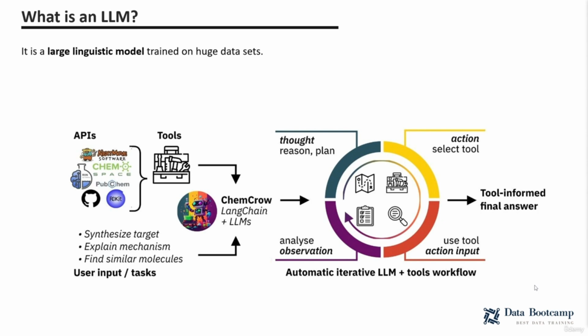If a user asks how to synthesize a particular molecule, explain a specific chemical mechanism, or identify similar molecules, this model can access knowledge bases it has already learned from and utilize LangChain not only to directly respond to the user, but also to reason or generate an action plan.